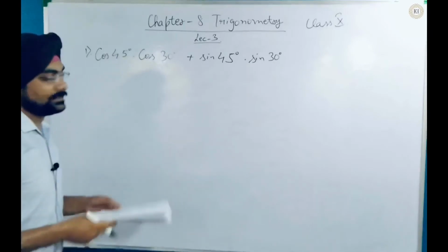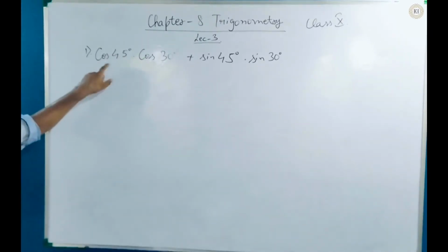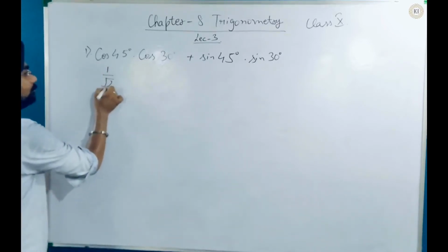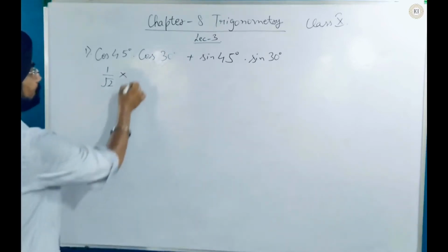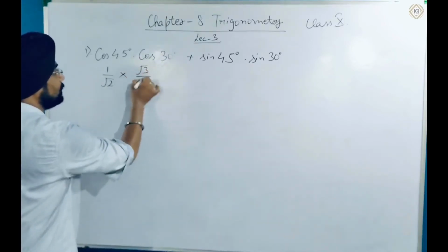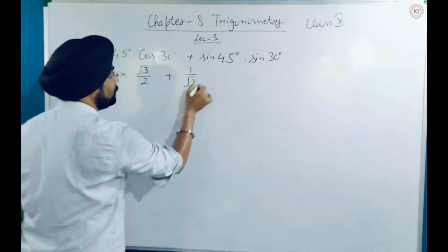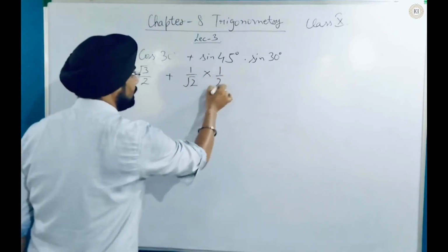Now we have to calculate the value, so we will write the values one by one. Cos 45 degree value we know, that is 1 upon root 2, multiply cos 30 degree value, which is root 3 by 2, plus sine 45 degree value is 1 by root 2 into sine 30 degree value is 1 by 2.